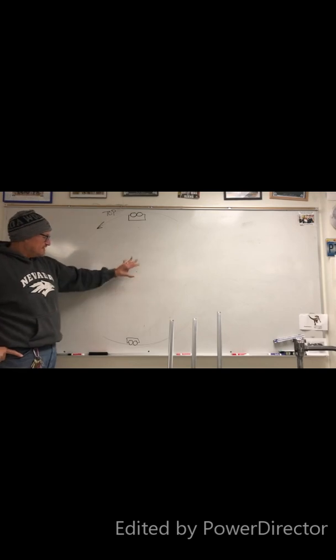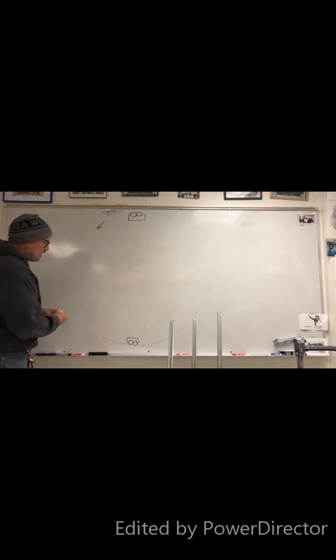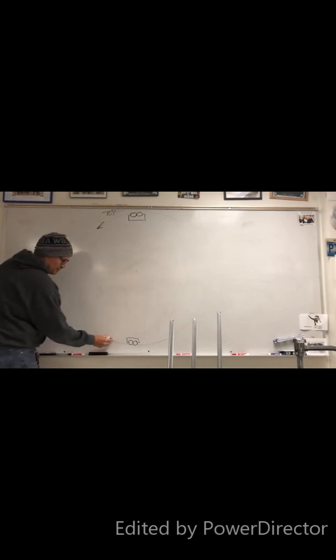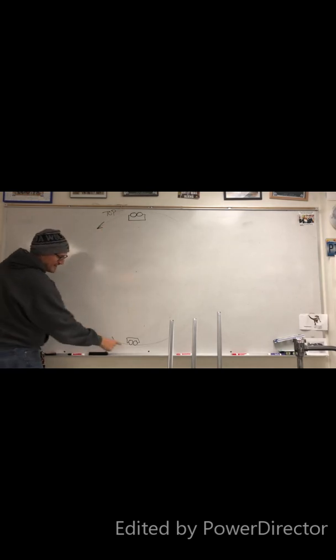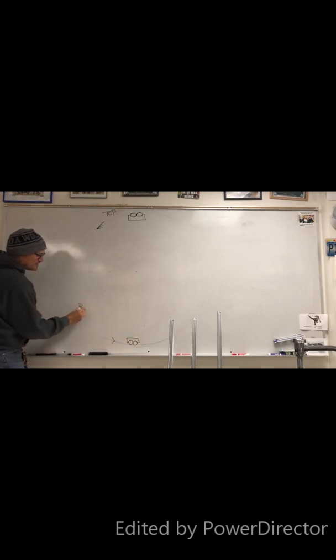Now let's take a look at the cart or the marble when it's at the bottom region. It completed the loop, now it is at the most bottom region, and we will call this the bottom region. Let's examine the normal force here.